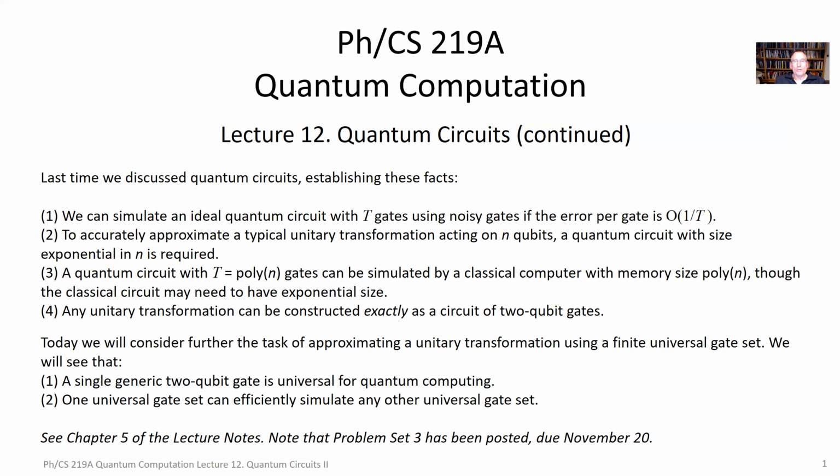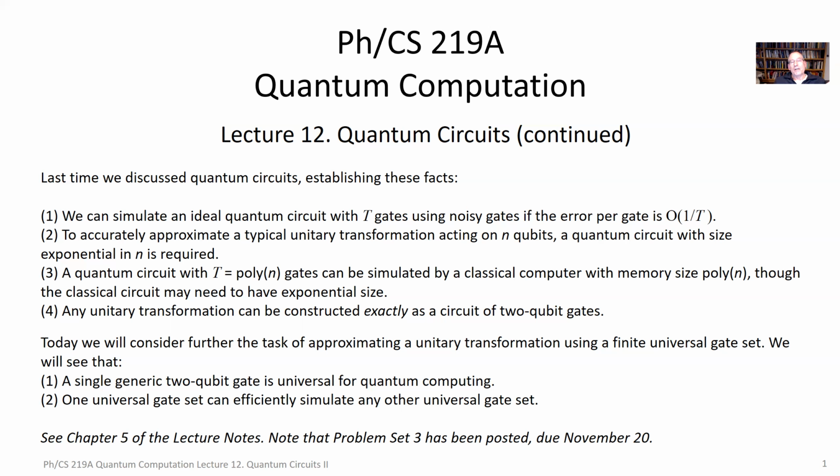Now today I want to go a little further with the general theory of quantum circuits, and in particular, remember in our model of quantum computation, we envisioned that we don't have a continuum of possible quantum gates to choose from. Rather, there's some finite instruction set.